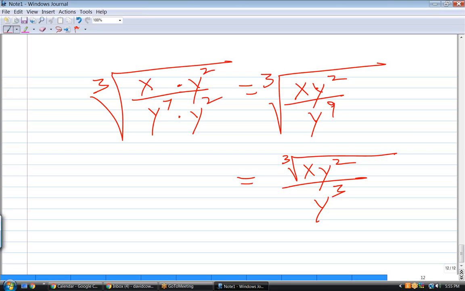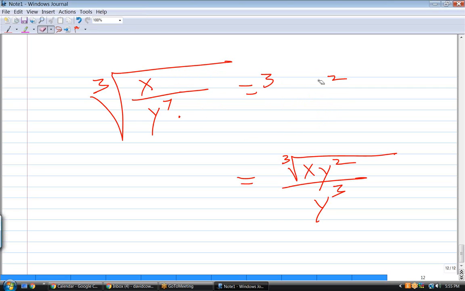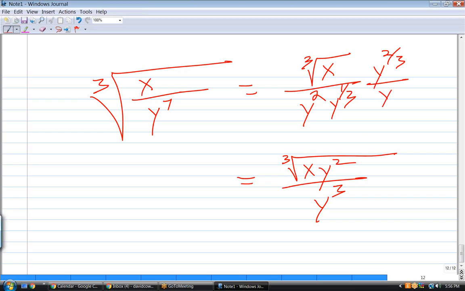But when we did it without multiplying that, we got the cube root of x over y squared, y to the 1/3, and then we had to multiply the top and bottom by y to the 2/3, and we get the same answer.